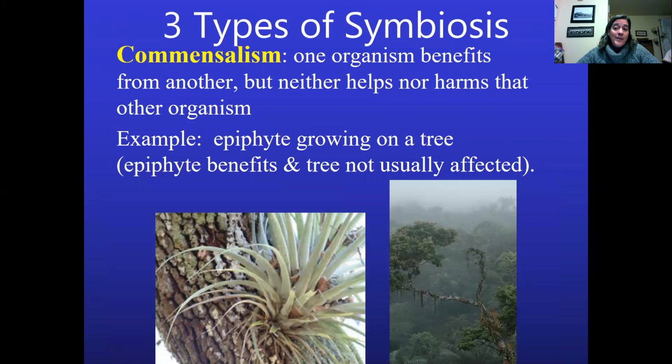Commensalism is where one species benefits and the other one's neither harmed nor helped. So one is not really affected and the other one is helped. So you see the little epiphytes growing on the trees. I've often wondered if barnacles living on whales, if the barnacle gets the benefit of getting to swim around with the whale and the whale's not really harmed by it, that would be commensalism too.